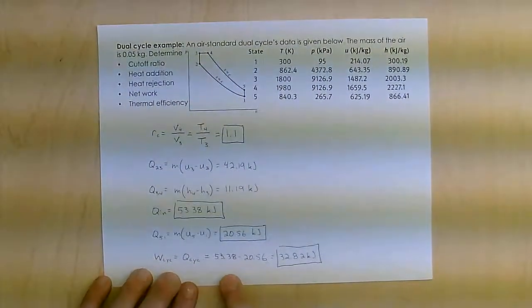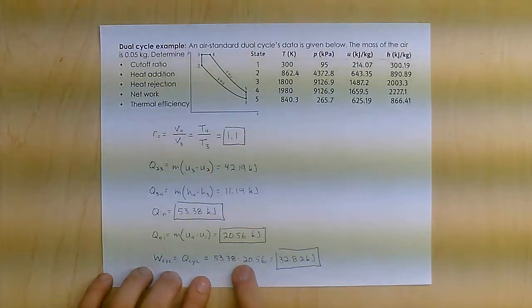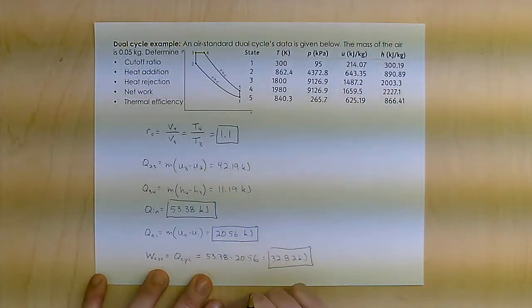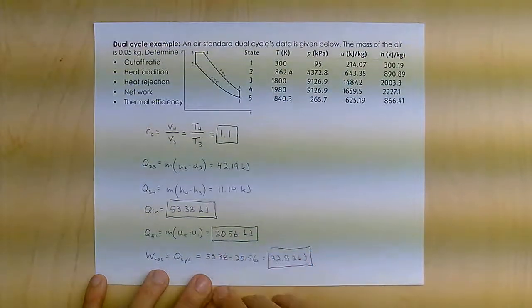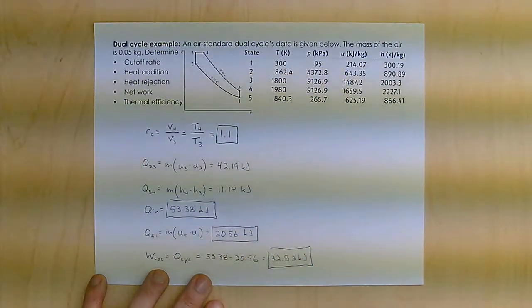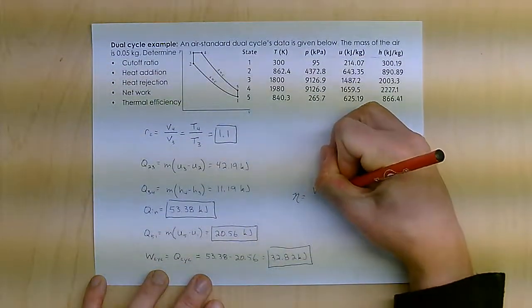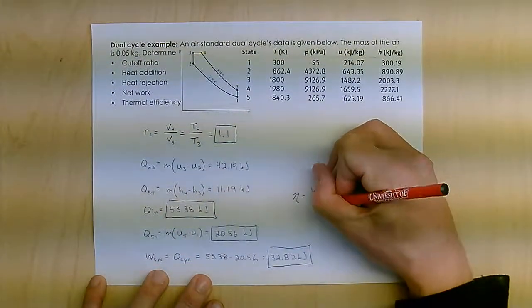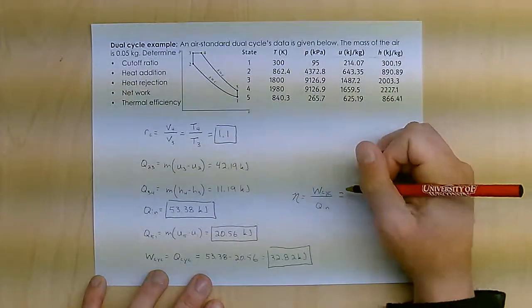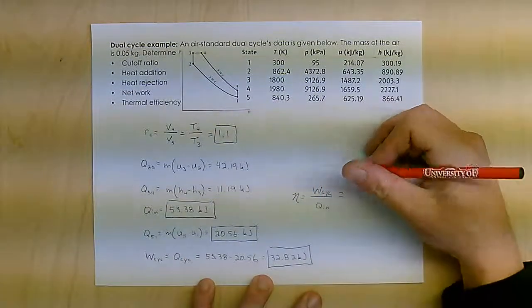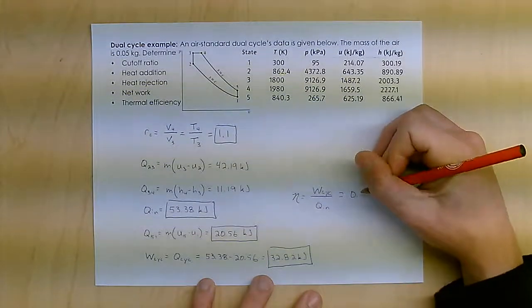And it's just Q in minus Q out equals the work of the cycle. That's how cycles work. Okay. Now all I need to do to find my thermal efficiency is that work of the cycle that I just found, all over Q in, which I found. Plug in those two values in there, and I get 61.48%.